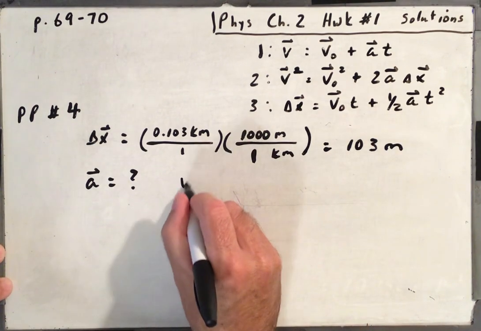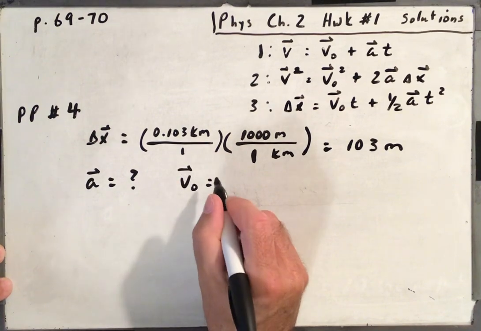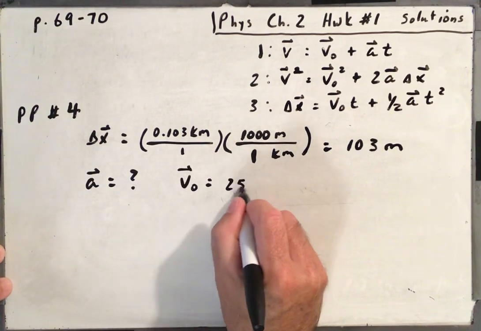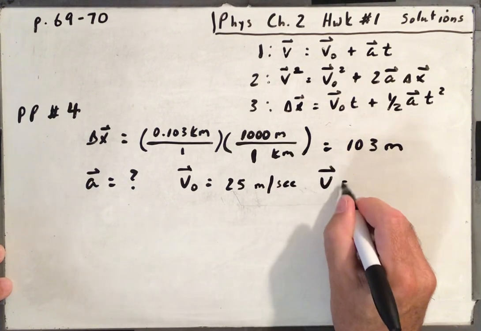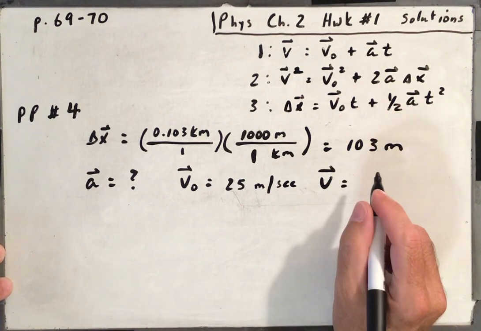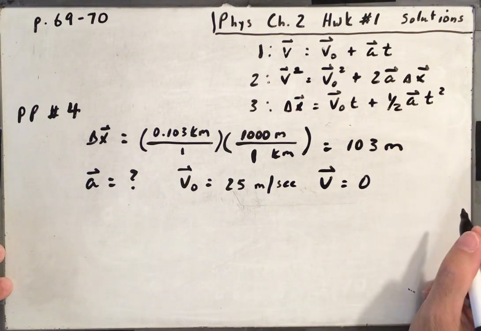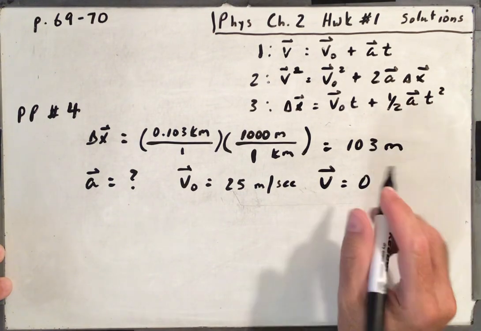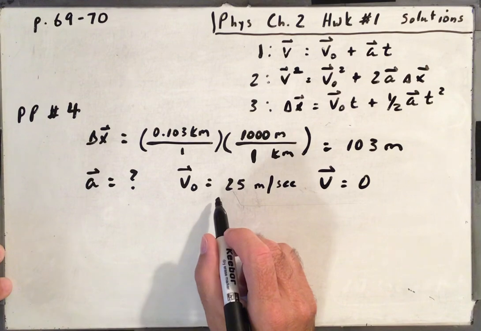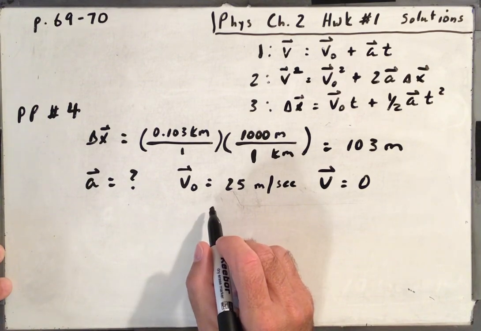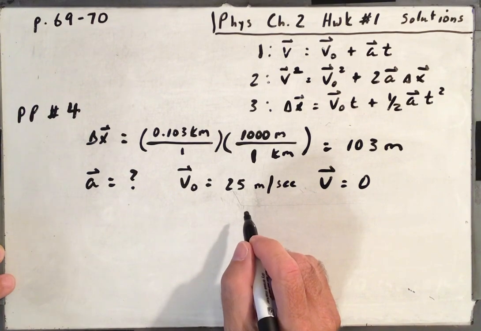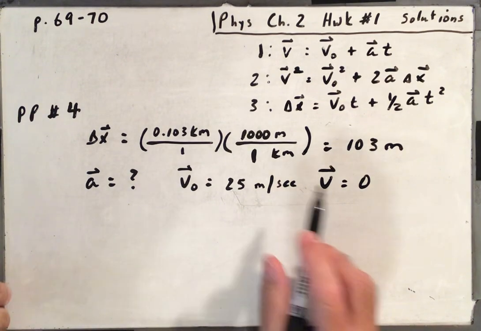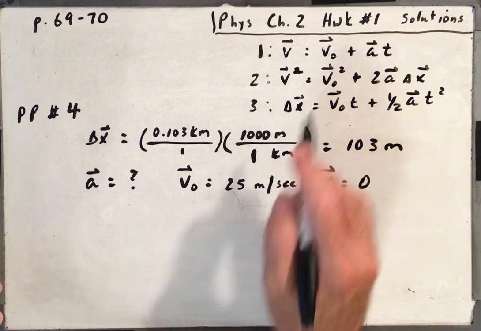Its initial velocity is 25 meters a second, and the final velocity is 0. So it's a stop. So we have delta x, initial velocity. We don't know anything about time, so it looks to me like we're going to want to use equation number 2.